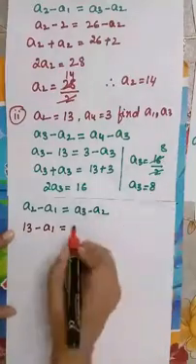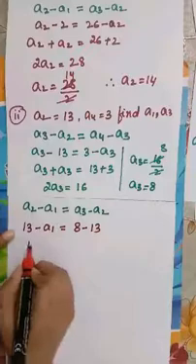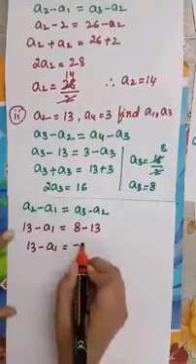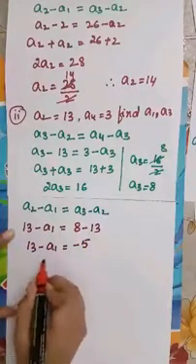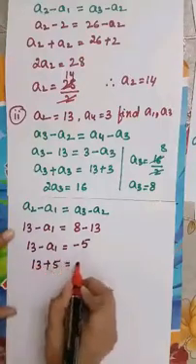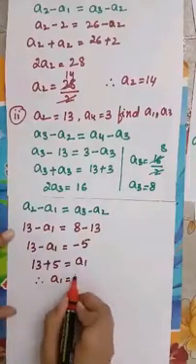Just now we got it as 8, minus 13. So 13 minus A1 is equal to, when you subtract, minus 5. चलिए A1 को एक जगह कर लीजिए. Numbers we collected. So 13 plus 5 is equal to A1. So therefore A1 is equal to 18.